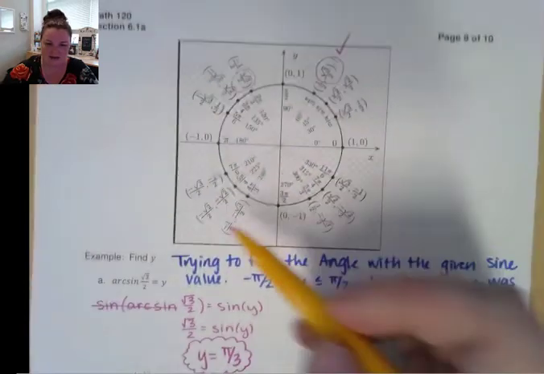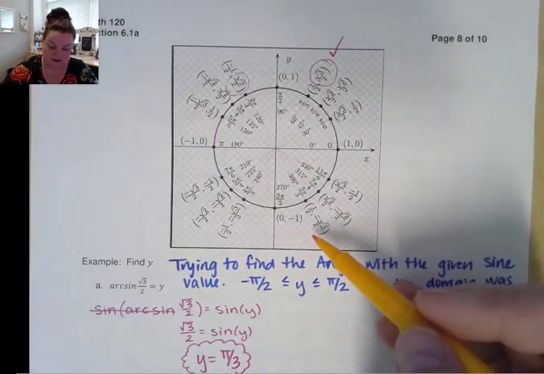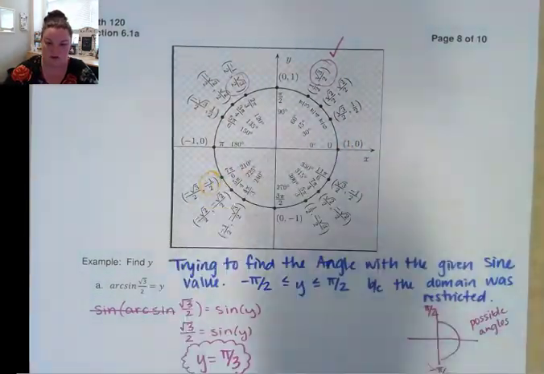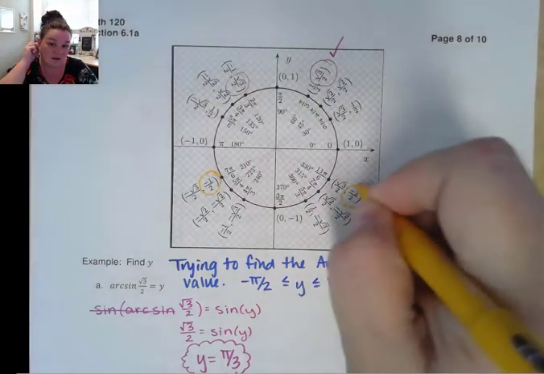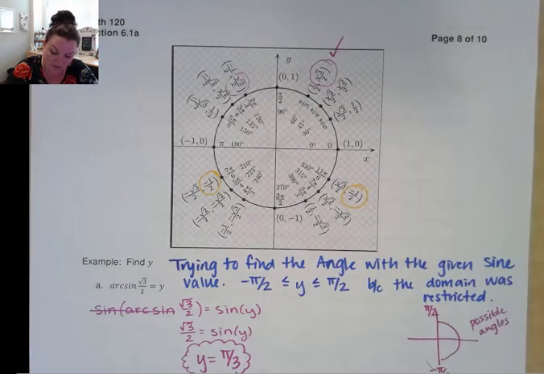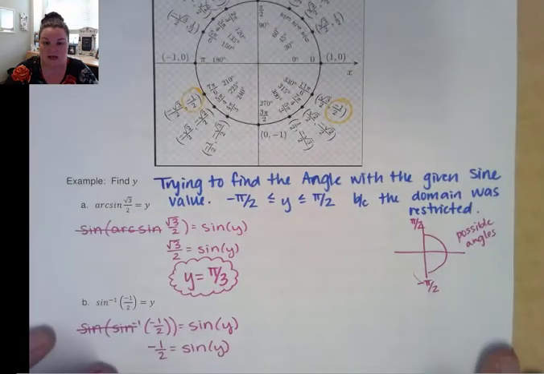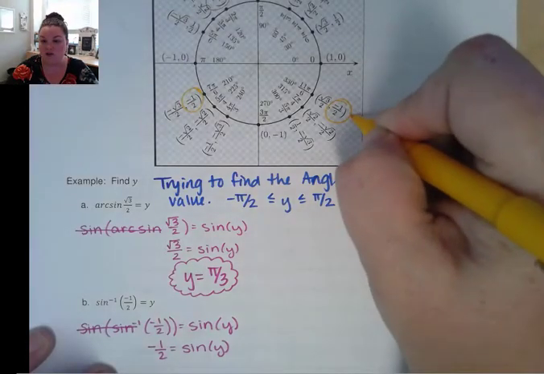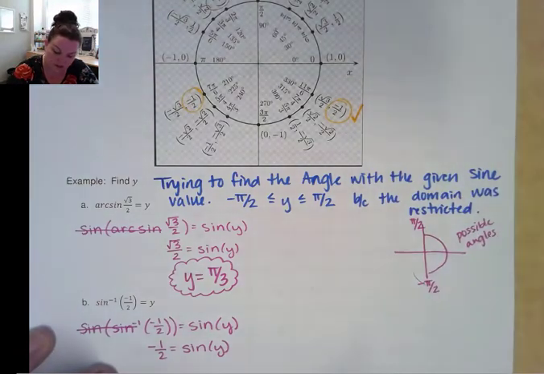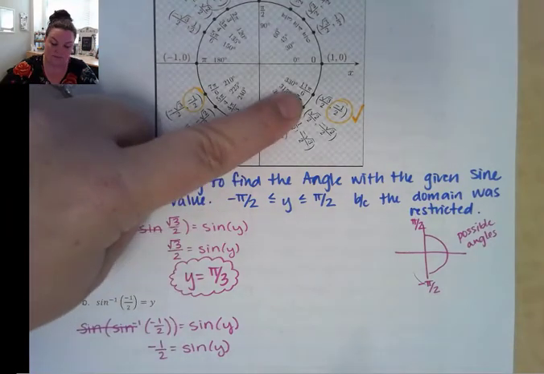So a -1/2 sine value is going to be down here in these two quadrants. So notice I have a -1/2 sine value there, and I also have a -1/2 sine value here. Okay, but again, we restricted that domain, right? So we're only looking at angles in quadrant 2 or 4. So this one has to be my answer, okay?